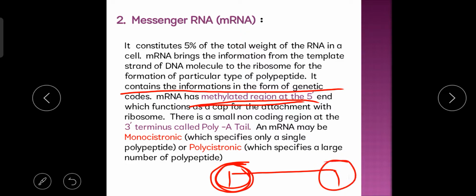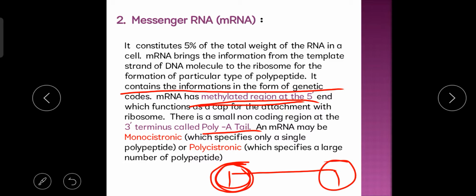And at the 3' end the polyadenylate, many adenylate residues, are present. You will get this one in our later class during protein production.